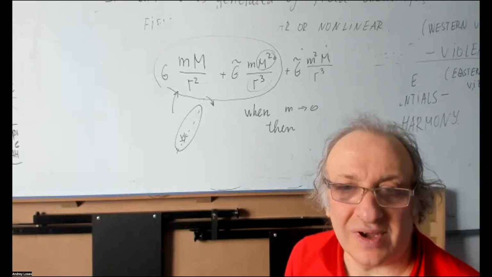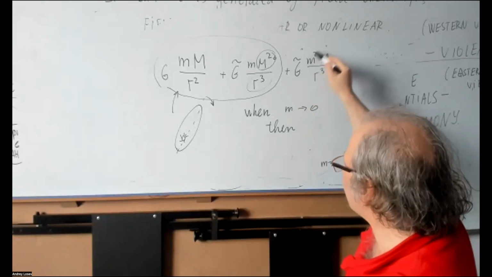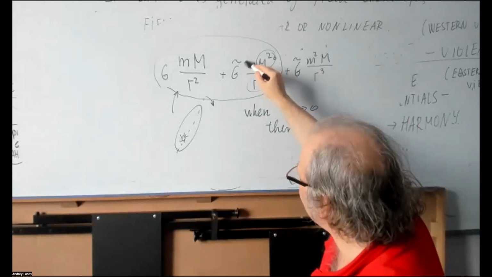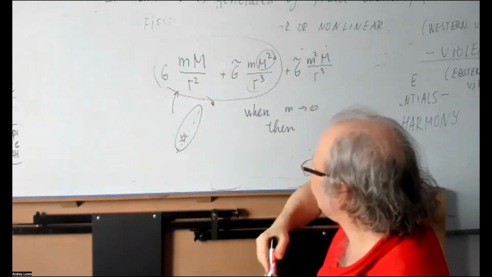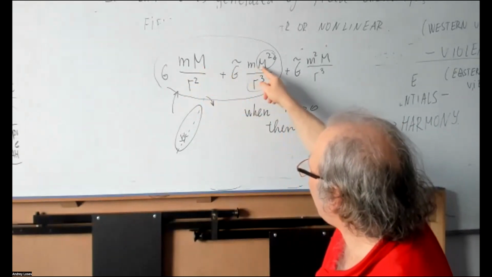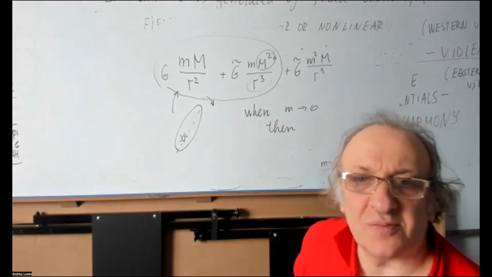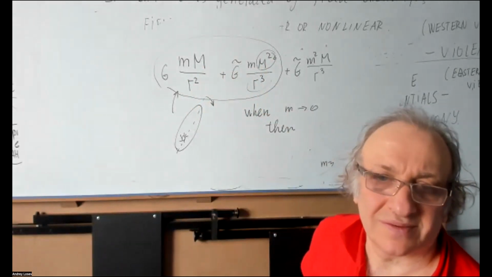So this is the proper reading. If you ignore this m squared, you have a term linear in mass. And this is m over r squared, m squared over r cubed, which may be interpreted as a change of geometry.